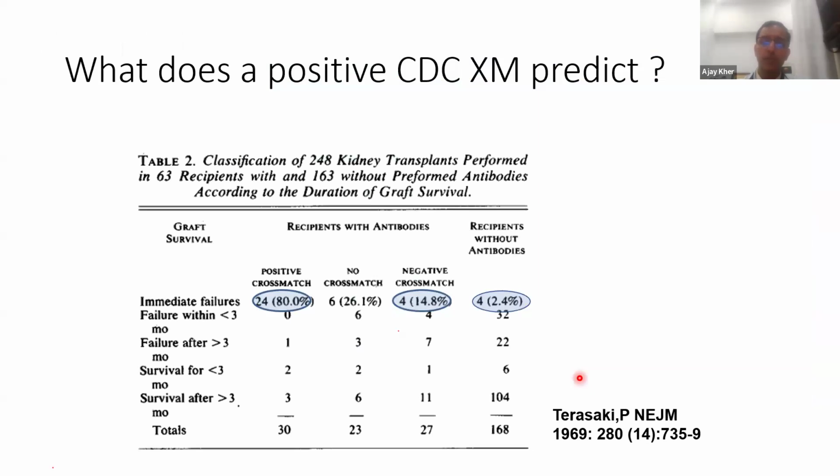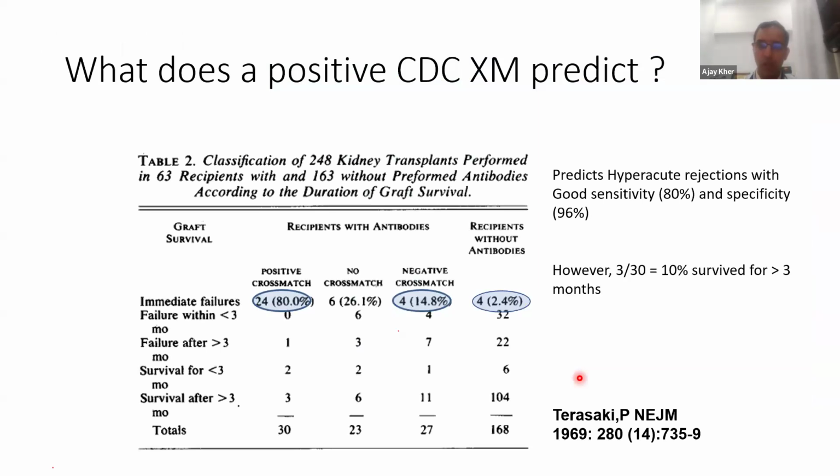So what does a positive crossmatch predict? Again, going through the Terasaki paper, it predicts hyperacute rejection with good sensitivity, 80%, and specificity, 96% based on his paper. However, even at that time, 3 out of the 30 who had a positive crossmatch survived for more than 3 months.